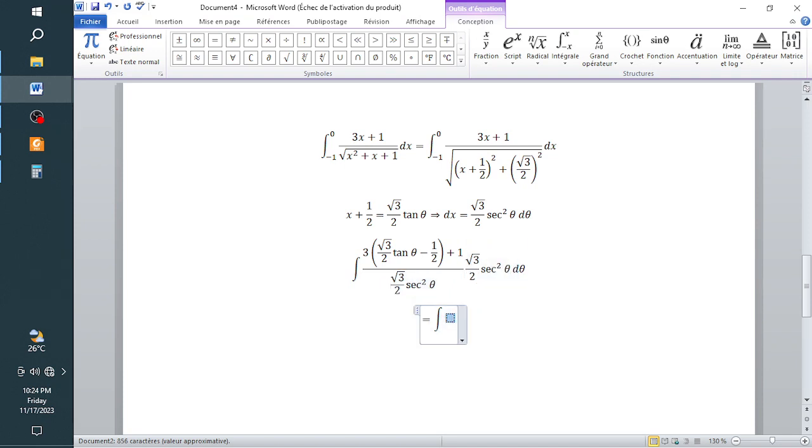We have 3 divided by 2, we have here root 3 tan theta minus 1 and plus 1, d theta. That's what we now have to integrate. Oh no, this bracket is for everything here.